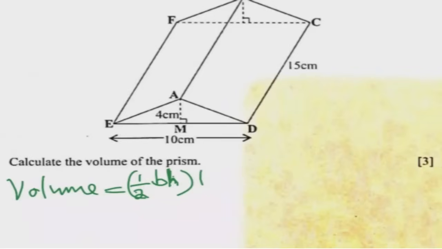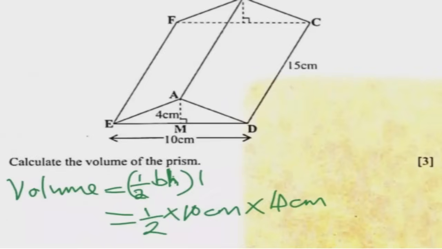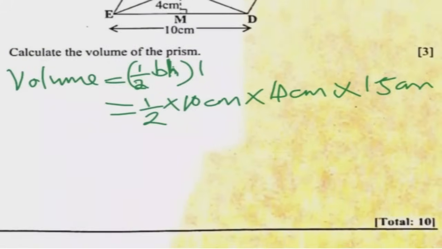L stands for the length of 15 centimeters. Then we say it is equal to 1 over 2 times B, that is the base, which is 10 centimeters, then times height, that is 4 centimeters, then times length, which is 15 centimeters. Remember we are trying to find the volume. So we evaluate that.